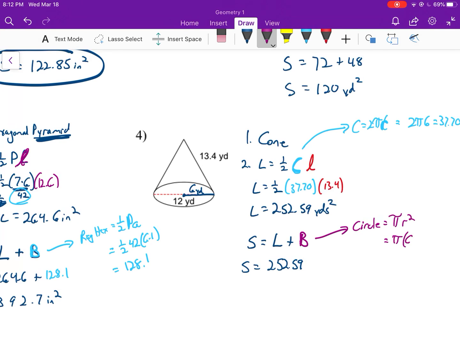The radius is 6. So pi times 6 squared. Some people make a mistake of typing this in incorrectly. They do pi times 6 and then square that answer. So make sure you do 6 squared, which is 36. So maybe I'll just write it out, times pi. And then you can multiply that. So 36 pi is 113.1.